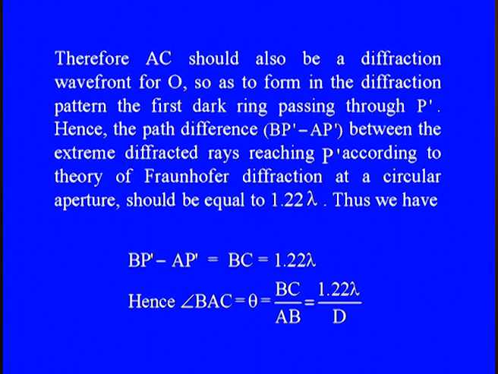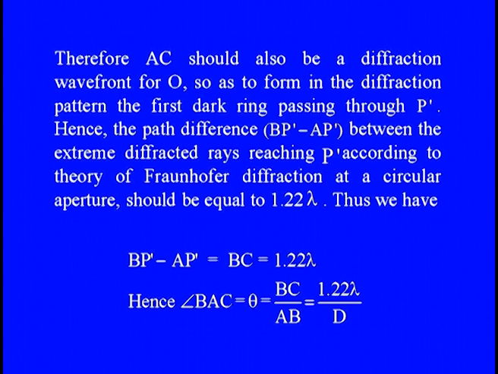Hence, the path difference B P prime minus A P prime between the extreme diffracted rays reaching P prime according to theory of Fraunhofer diffraction at a circular aperture should be equal to 1.22 lambda.